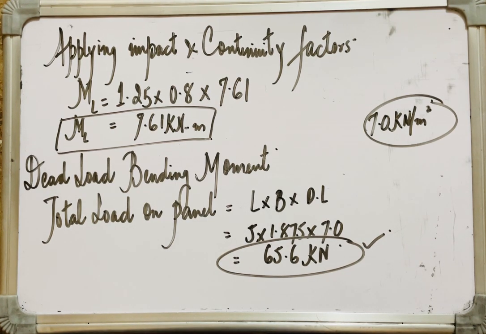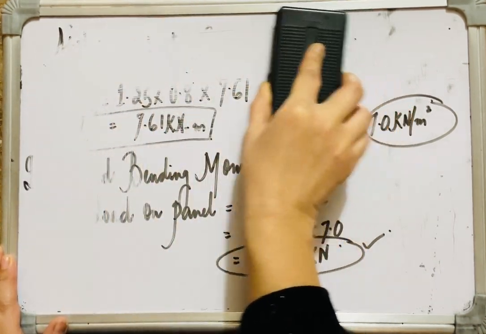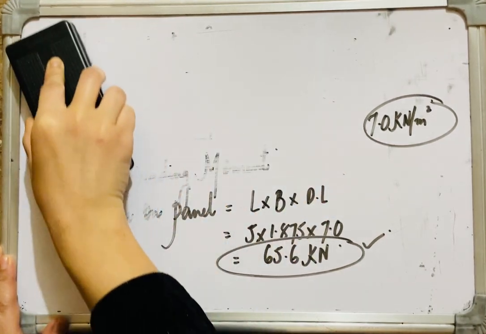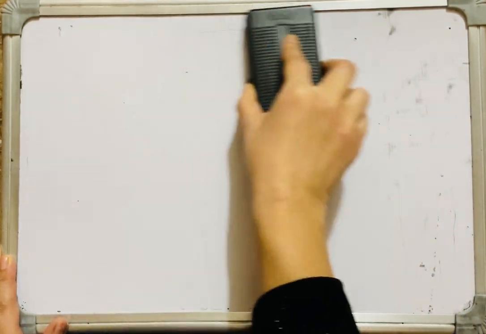All right, अब मुझे निकालने हैं moment coefficients. कैसे करते हैं? Let me rub it first. All right. I'm calculating my dead load bending moments along both shorter as well as the longer span.